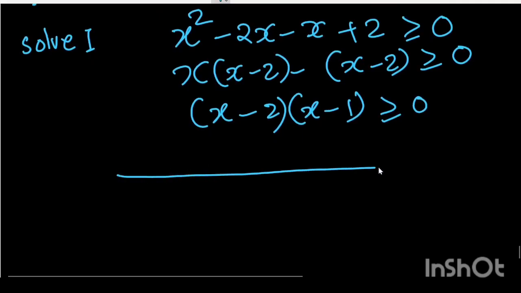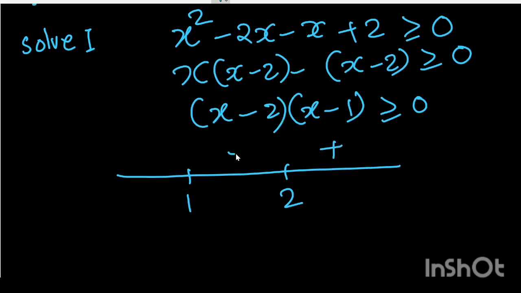So using the wavy curve method, the zeros are 1 and 2, 1 corresponds to x minus 1, 2 corresponds to x minus 2, plus minus plus. Since they are asking greater than or equal to, we will take the plus sign, so it would be minus infinity to 1 union 2 to infinity. This is the result of the first quadratic inequality.